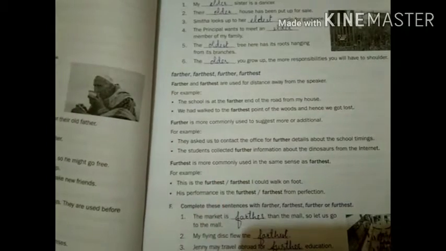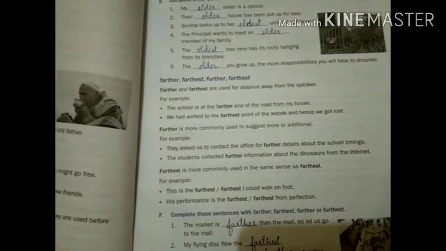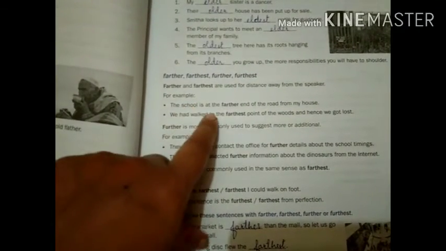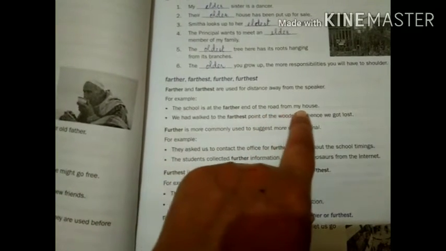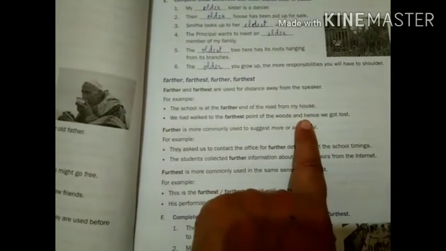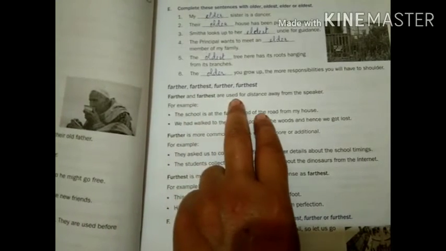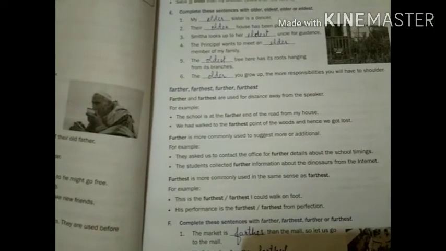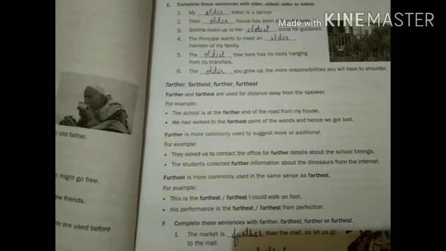She stands far from me means she is staying at a very large distance from you. The school is at the farther end of the road from my house. So the school is far from your house. I am talking here and the other thing is very far from me. It is telling me about the distance.